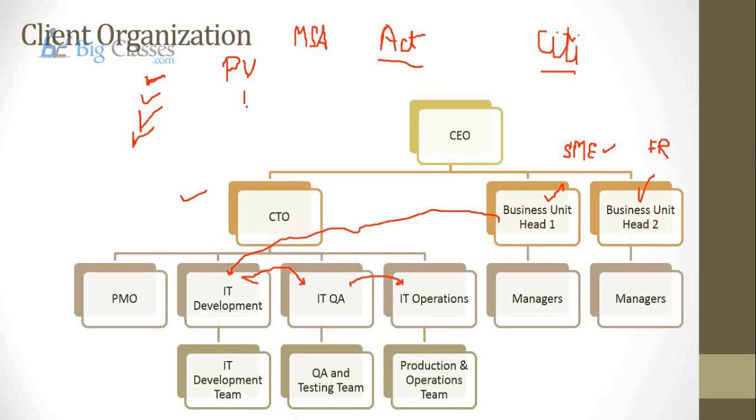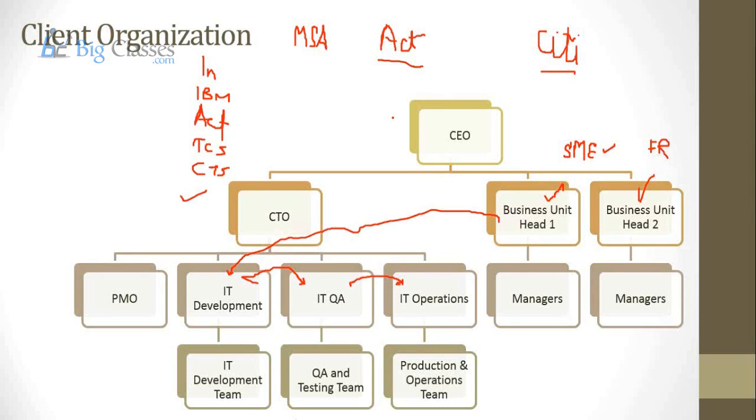Let's say there is Infosys, then there is, let's say, IBM, there is Accenture, let's say TCS, and Cognizant. Right? Now let's say these are the 5 vendors which have an MSA with Citibank.